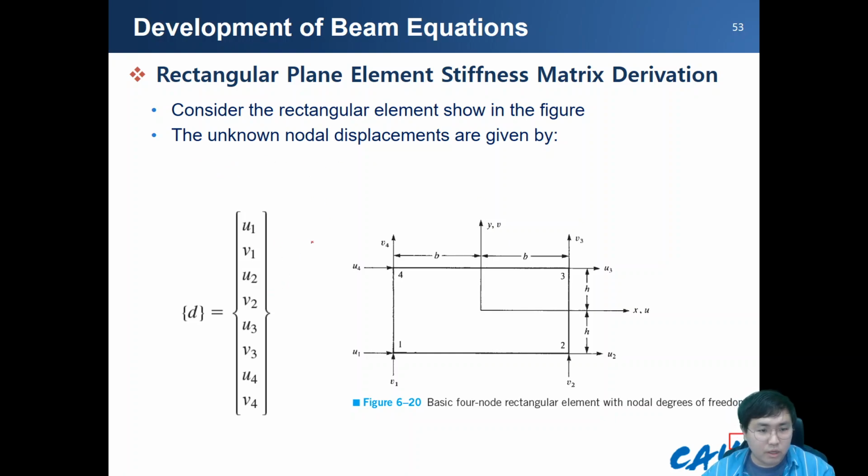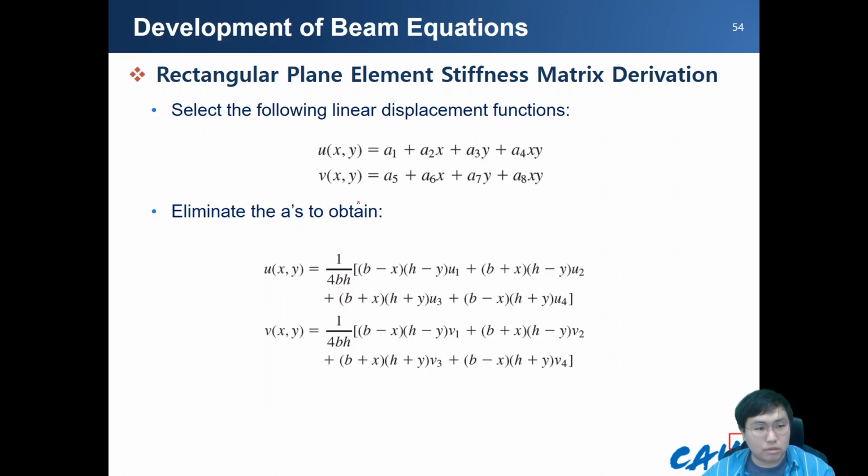In the rectangular element, we have 4 nodal points. Each node has 2 degrees of freedom, so the total is 8 degrees of freedom. So the total displacement has an 8 by 1 vector form. We set our displacement field like this, with x and y linear interpolation combined with a complex term.